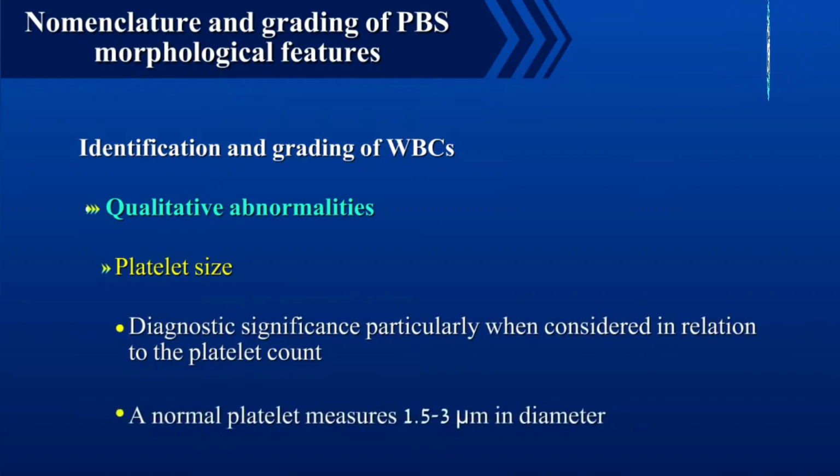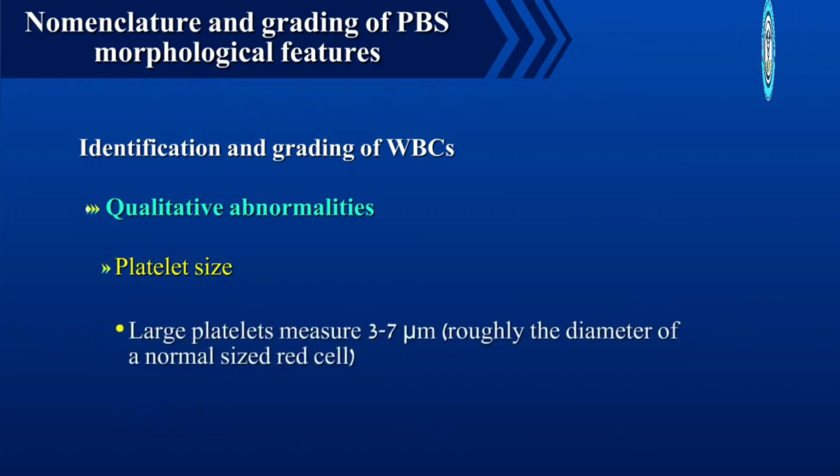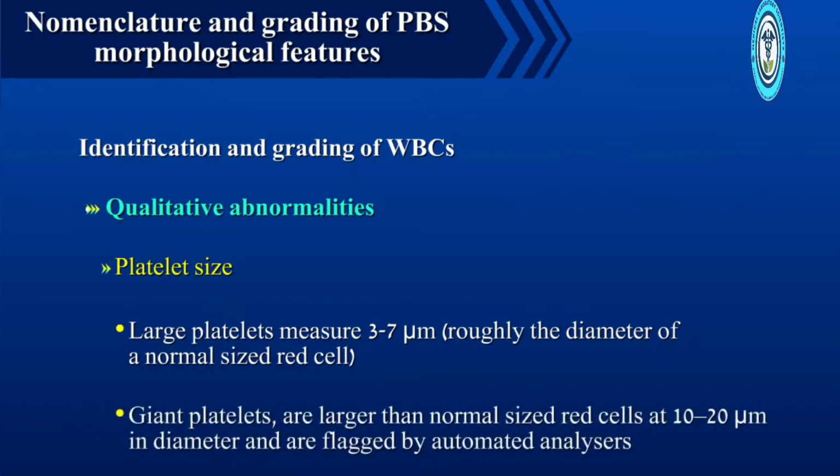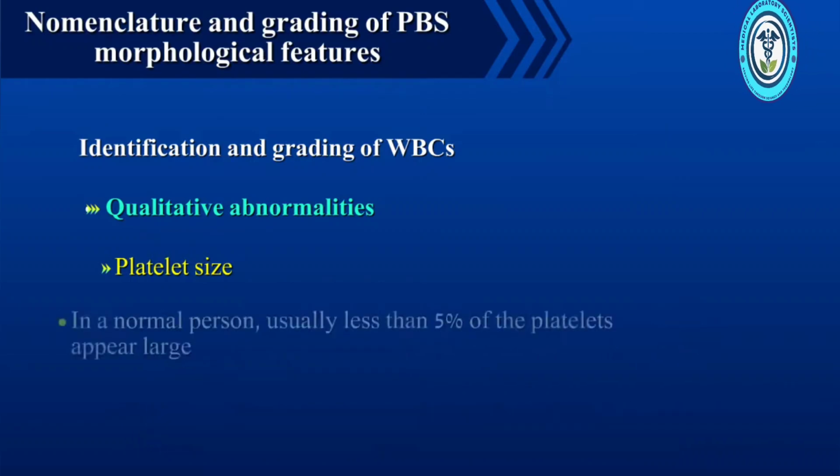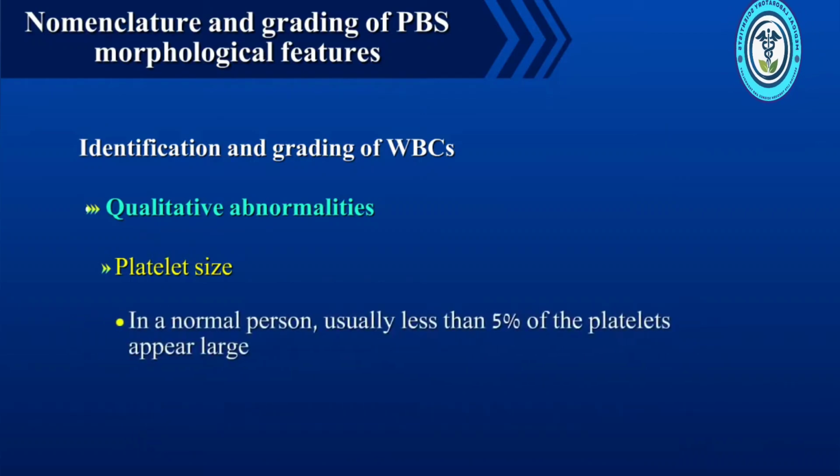A normal platelet measures 1.5 to 3 microns in diameter. Large platelets measure 3 to 7 microns in diameter, roughly the diameter of a normal sized red cell. Whilst giant platelets are larger than normal sized red cells at 10 to 20 microns in diameter and are flagged by automated analyzers. In a normal person, usually less than 5% of the platelets appear large.